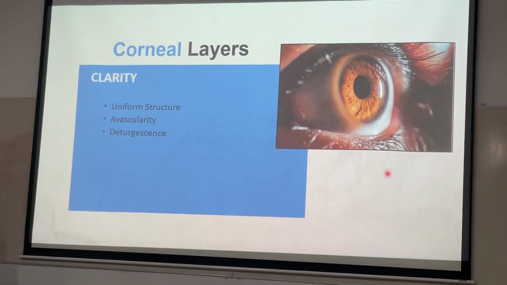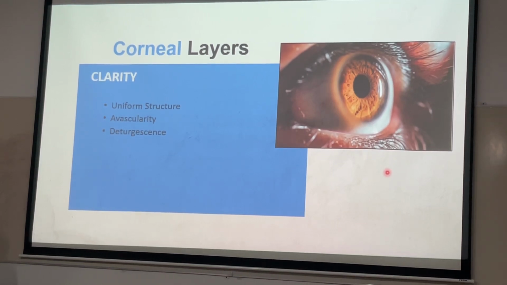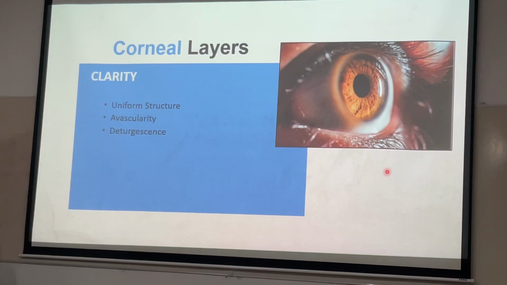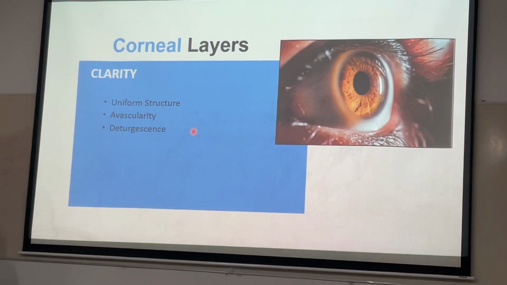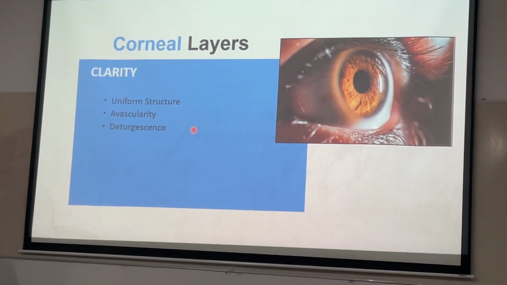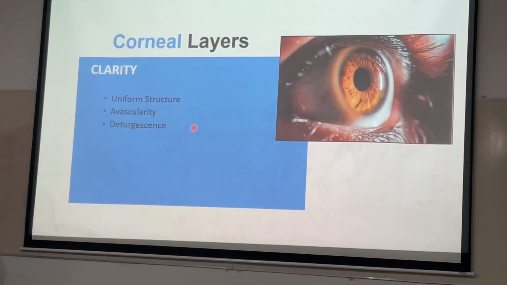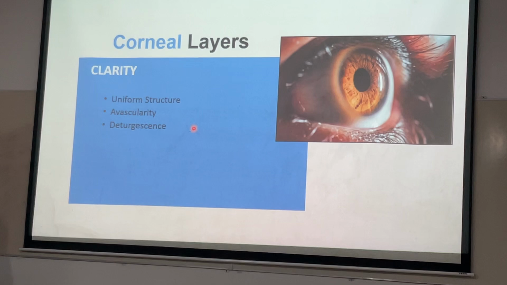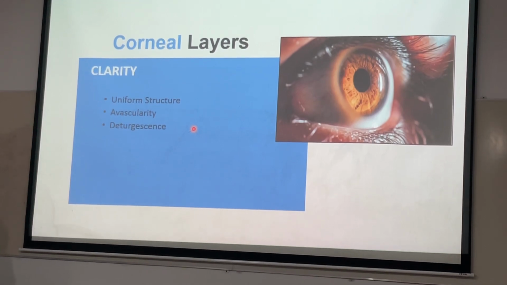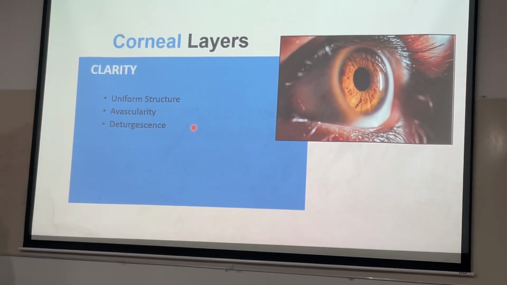And the cornea should be kept in a relative state of dehydration, or deturgescence, which means you have a healthy endothelial layer. So remember these three qualities that make the cornea clear: uniform structure, avascular, and good endothelium function, or a state of deturgescence.